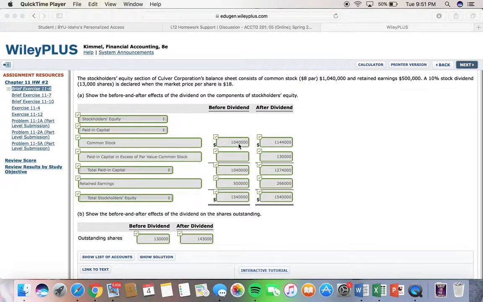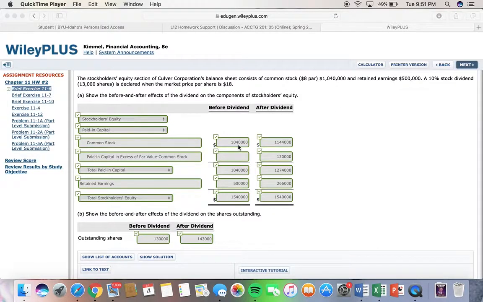We'll go to common stock. The simple way to find common stock after the dividend is we take the common stock before the dividend, which is 1,040,000, and multiply it by the stock dividend percentage of 10%, since that's what's being issued.